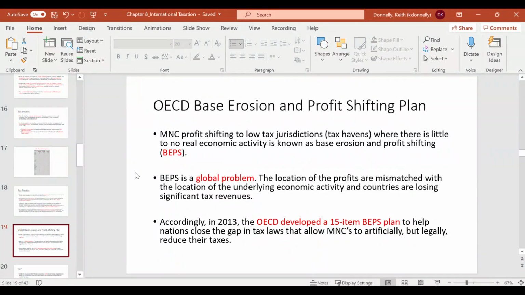So what is happening here? Like I said, a few countries are causing a bunch of headaches for all of the other countries in the world because of their low tax rates or their tax treaties. What has now happened is the OECD, a big part of which is the countries who are losing out on the money, being affected through base erosion.